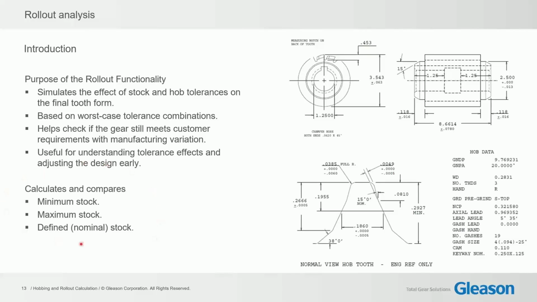We are calculating three different conditions: minimum stock, maximum stock, and defined stock, sometimes also called the nominal stock, which is somewhere in the middle between minimum and maximum stock.